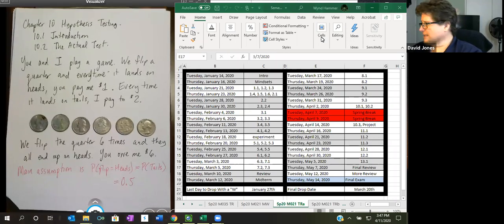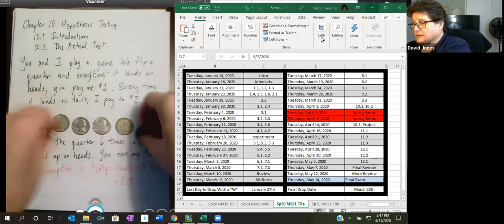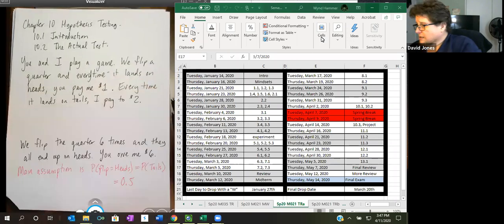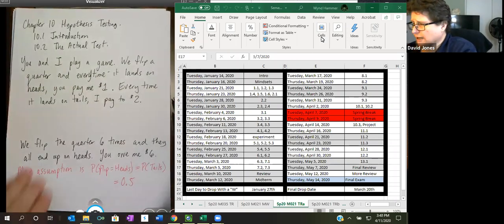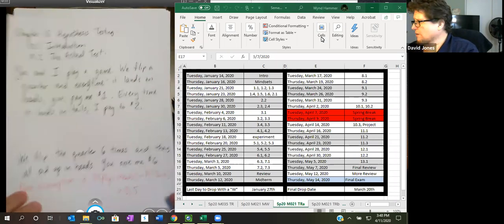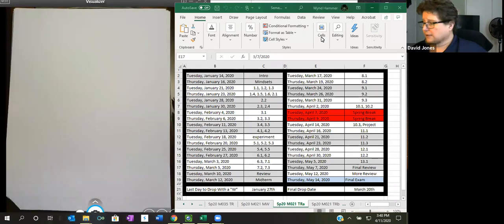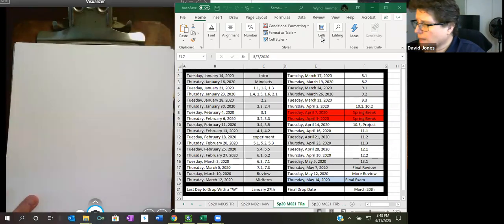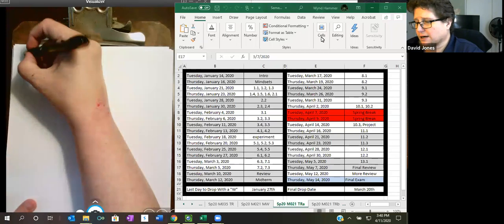Okay, that's the assumption we make. Now, if that's the case, what's the probability of this happening? What is the probability of getting 6 heads in a row?